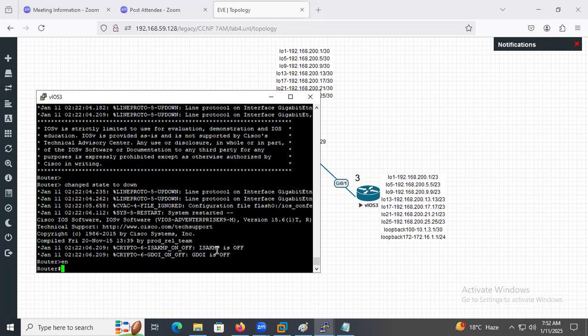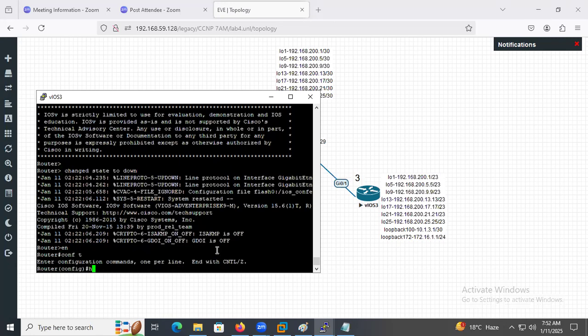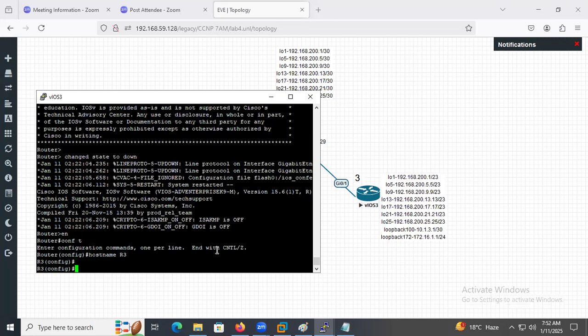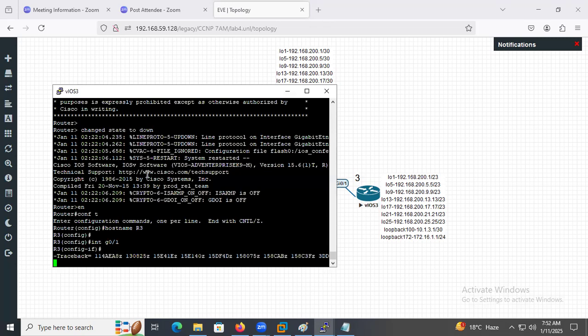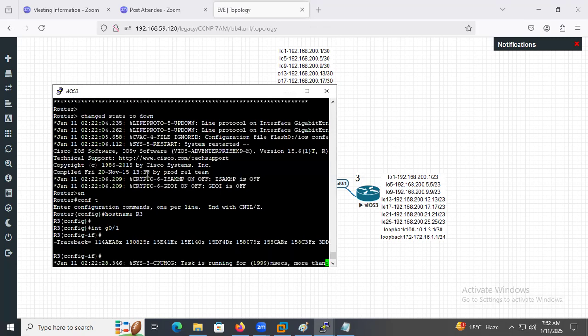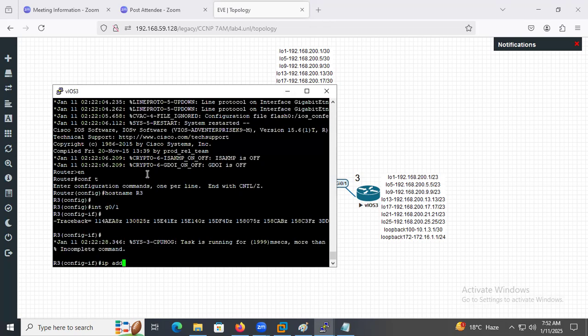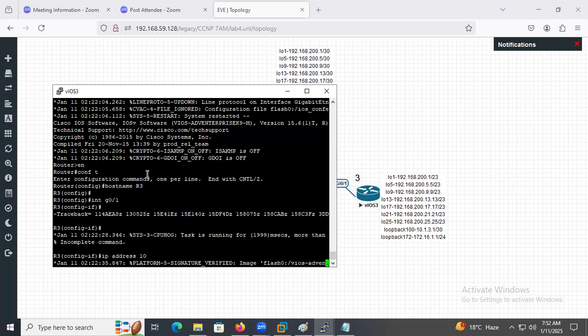So enable, configure terminal. Host name is R3.